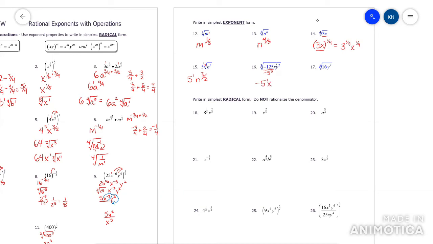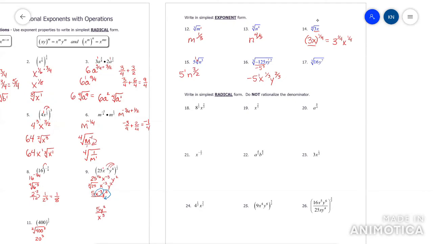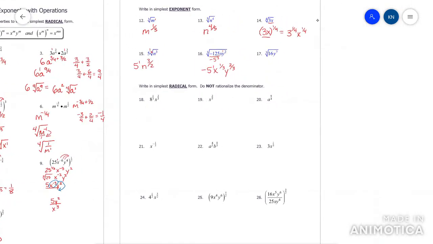It's going to be x to the 1/3, y to the 2/3, like that. Okay, the cube root of 16 y to the 7. Go ahead and change 16 to be 2 to the 4, okay? And so what's going to happen is you're going to have 2 to the 4/3, y to the 7/3, like that.